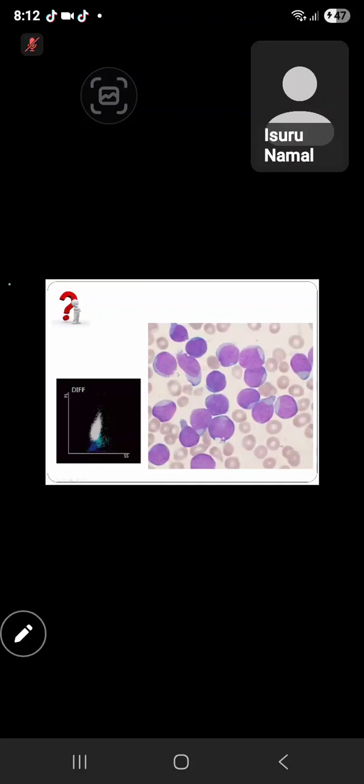Again, to revise, the criteria are: the NC ratio is high, you have loosely arranged chromatin in the nucleus, and sometimes you can identify nucleoli. When you go to this cell, you can see nucleoli. Once you observe carefully where my cursor points, these are nucleoli.